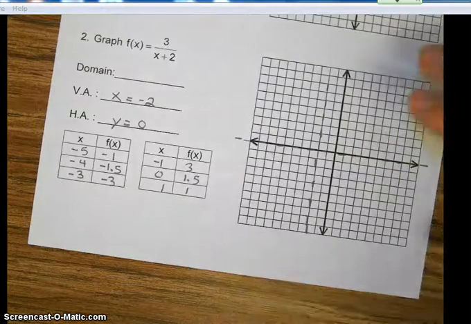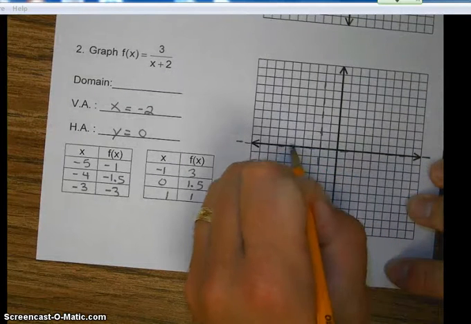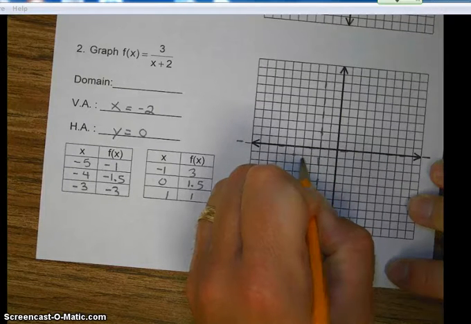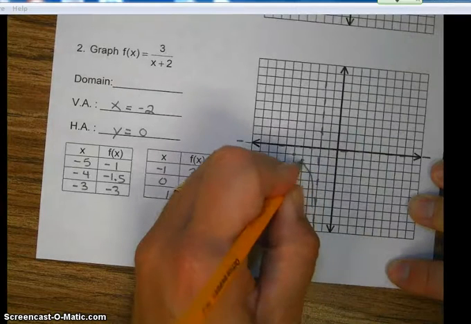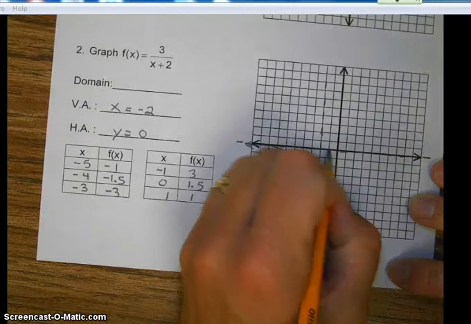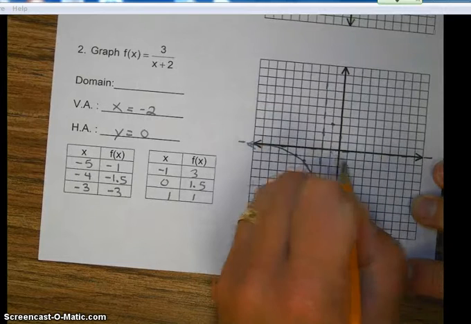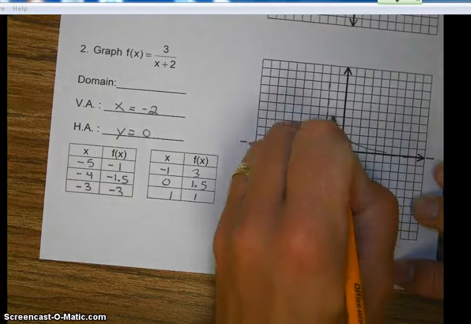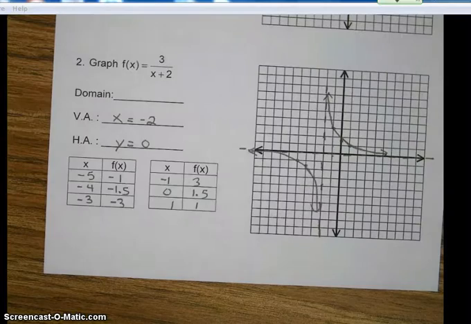Okay, let's plot those points and then we can draw this in. Alright, and there you have it.